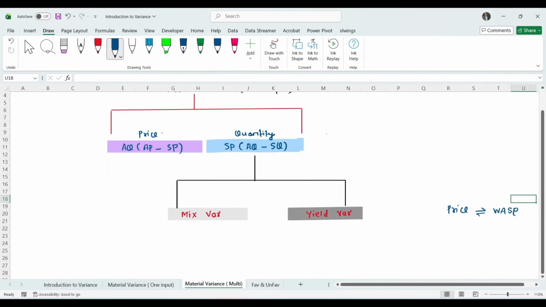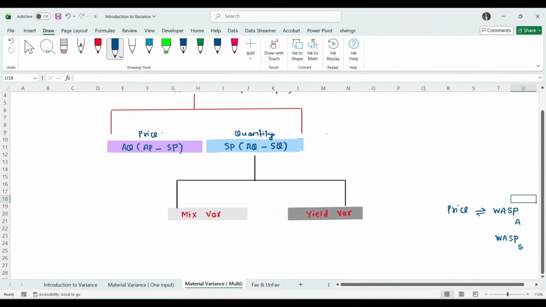This weighted average standard price is again of two types: WASP actual and WASP standard.